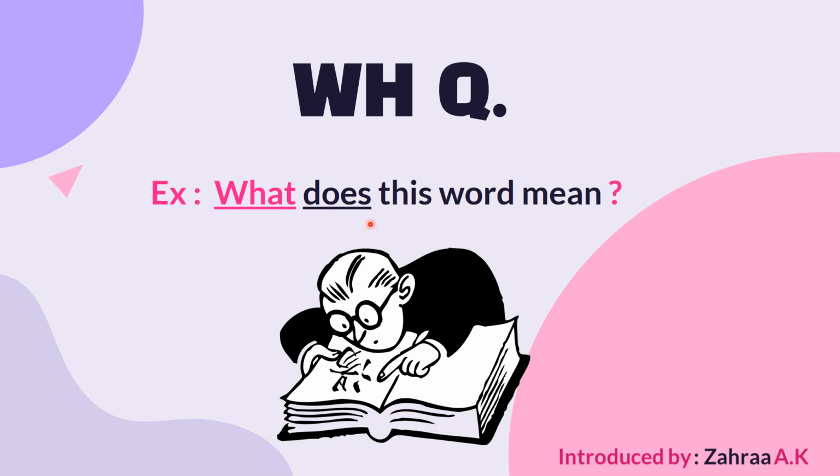What does this word mean؟ فنلاحظ بما أنه عندي الفاعل this word، هذه الكلمة كلمة واحدة، إذا استخدمنا does. لكن does إجت بعد WH question, and after that we put at the end of the sentence a question mark، وبالنهاية راح نخلي علامة السؤال.